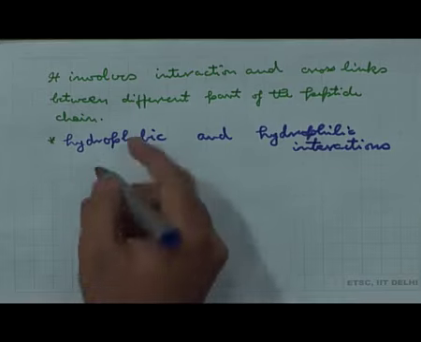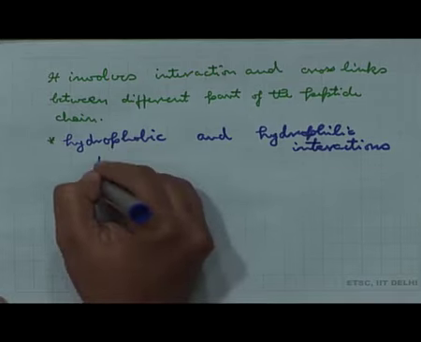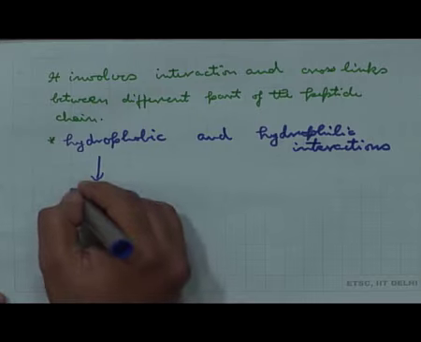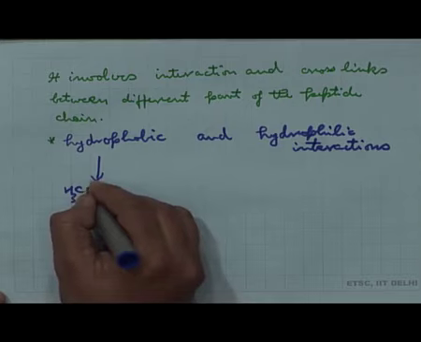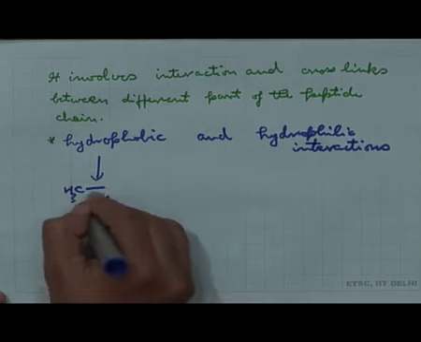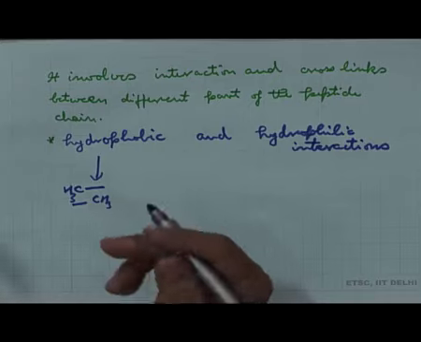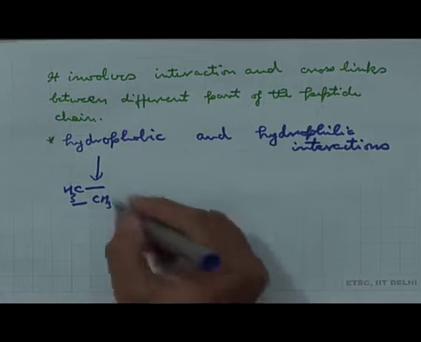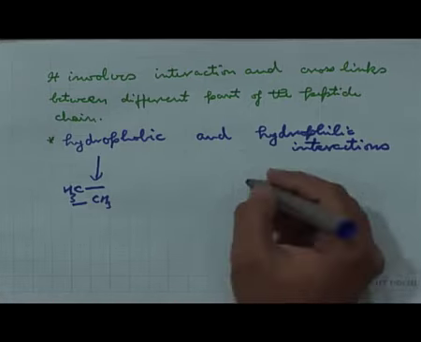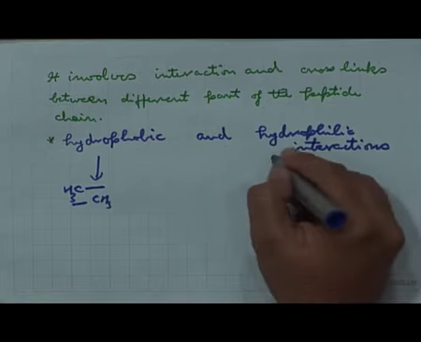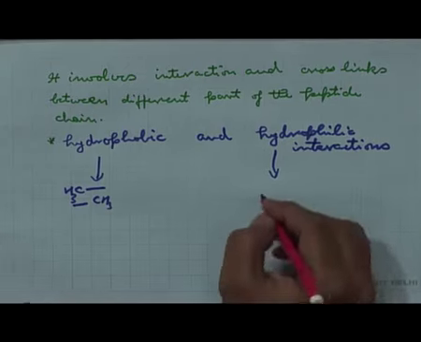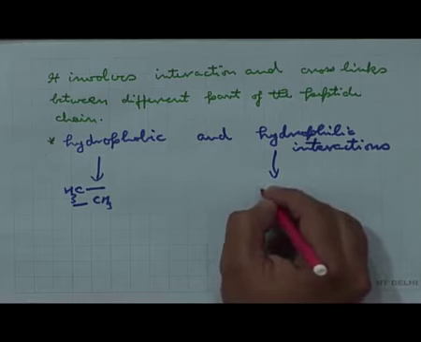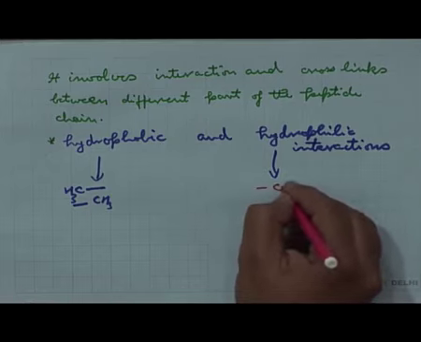Hydrophobic and hydrophilic. So, what is hydrophobic interaction? Hydrophobic interaction means like alkyl groups are there. If they basically interact, or aryl groups, their interactions are called hydrophobic interactions, whereas hydrophilic interaction is basically if there is a possibility of hydrogen bond formation.